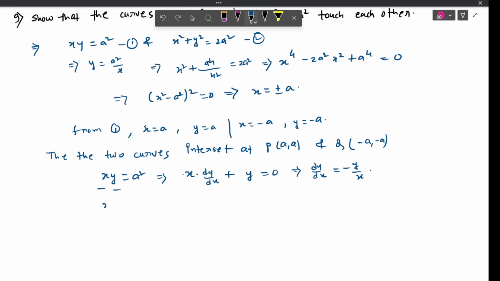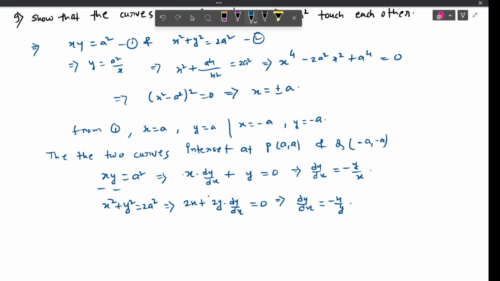Now differentiate equation number 2, that is x square plus y square equals to 2a square. This is 2x plus 2y into dy by dx equals to 0. This implies dy by dx equals to minus x by y.